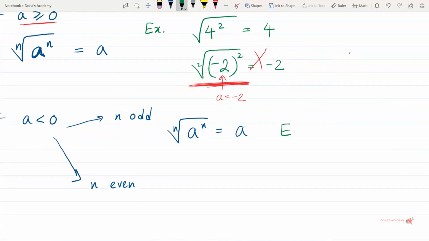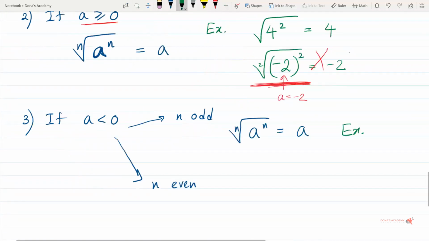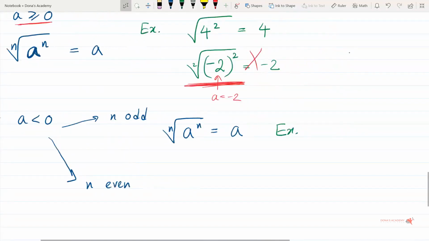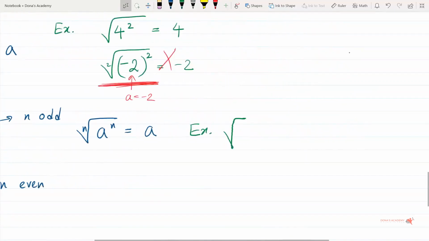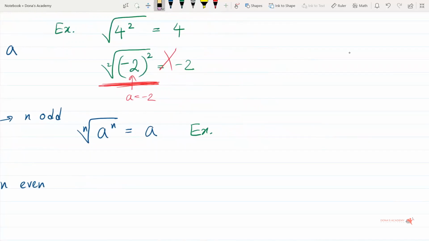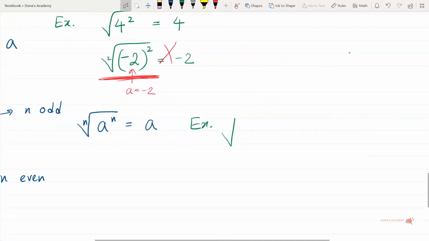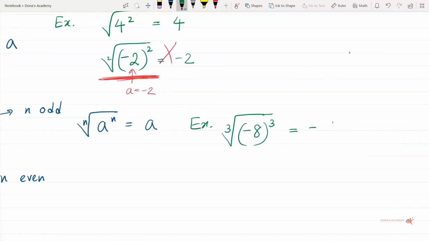So example, now a should be negative and n should be odd. So let's take third power of -8 cube. Now this is same as -8. Okay.